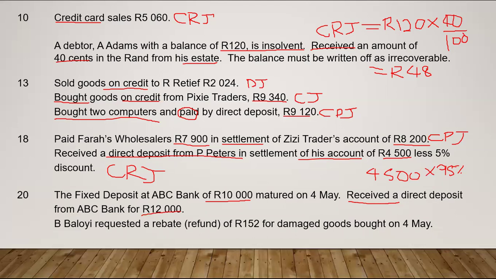But let's ignore everything else and ask the fundamental question. In which journal are we going to record this transaction? It will be recorded in the cash receipts journal. Let's go ahead and record it.